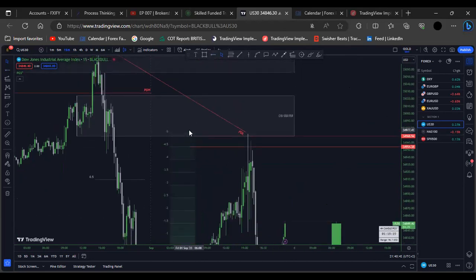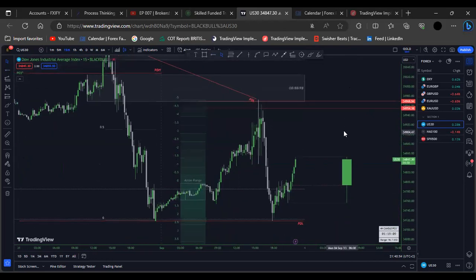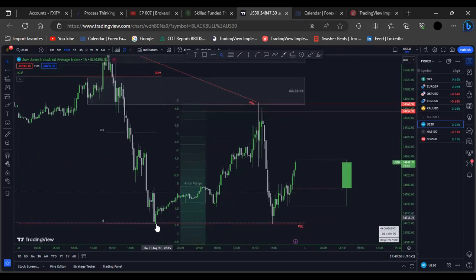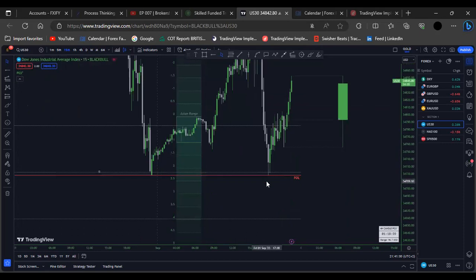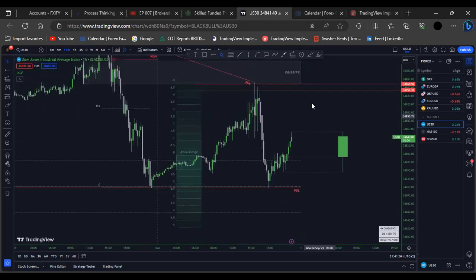So you can anchor with both of these. If you're risking 1%, you can go 0.5 and 0.5, together they make 1%. Targeting a previous daily low, we did a small sweep below, and then price is reversing right now, and we're closing off the week.